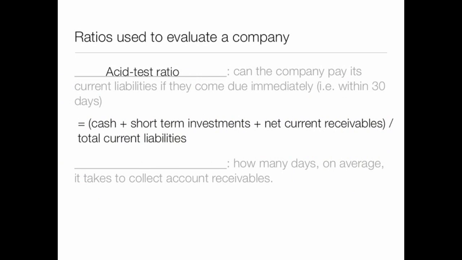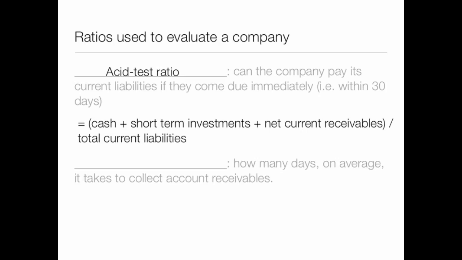The formula for the acid test or quick ratio, the numerator is cash plus short-term investments plus net current receivables. Remember again, the formula for net current receivables is your accounts receivable less your allowance account gives you your net. You add all three of those and that's your numerator. And you divide all of that by the total current liabilities.